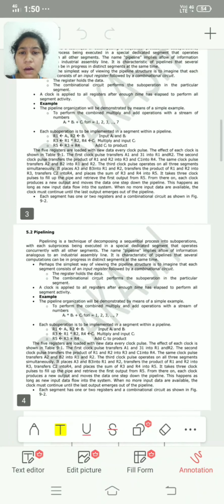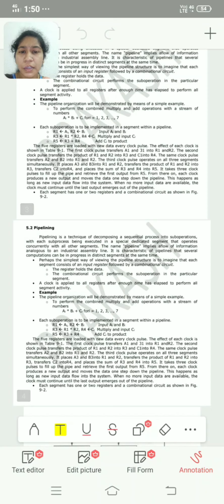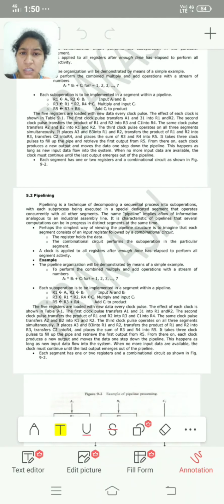The pipeline organization will be demonstrated by means of a simple example. To perform the combined multiply and add operation with a stream of numbers, Ai times Bi plus Ci, for i equal to 1, 2, 3, etc. Each suboperation is to be implemented in a segment within a pipeline.